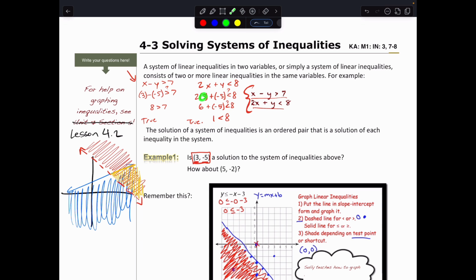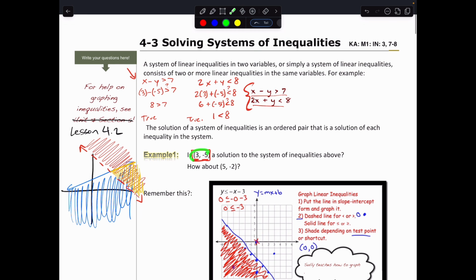So we plug in 3 for x and -5 for y again. And if we multiply 2 times 3 is 6, and then we have to add -5 and we'll get 1. This is also true because 1 is less than 8. Since this point satisfies both inequalities that make up this system, we can say that yes, it is a solution to the system of inequalities.